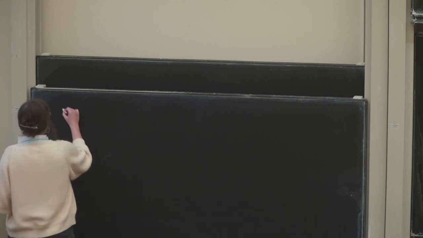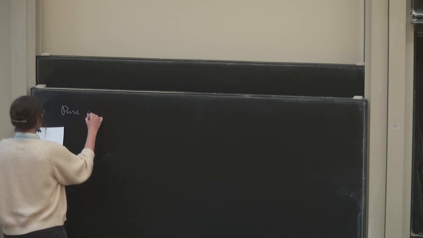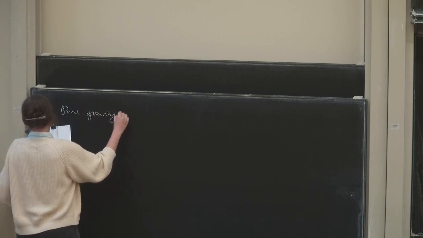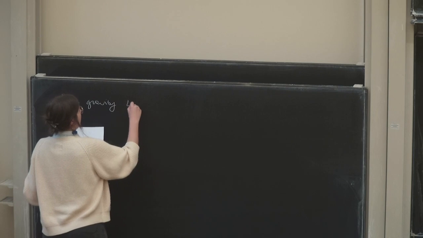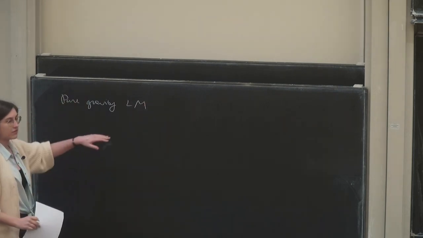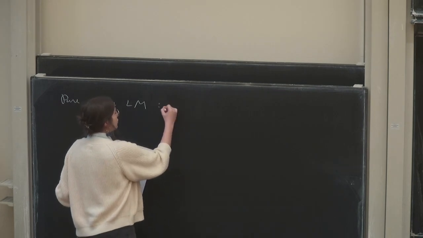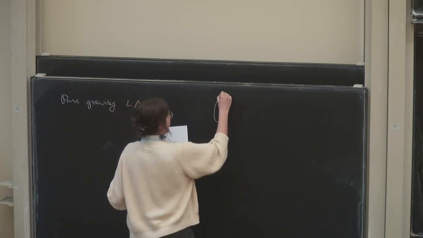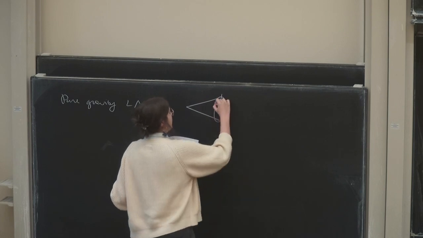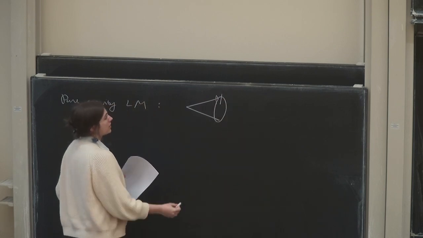Let me remind you quickly of what we saw this morning. Namely that in the pure gravity Lewkowycz-Maldacena derivation, we were working with an orbifold manifold that we drew something like this.